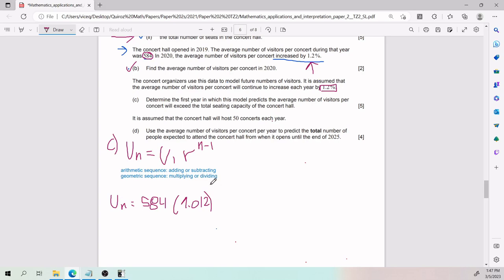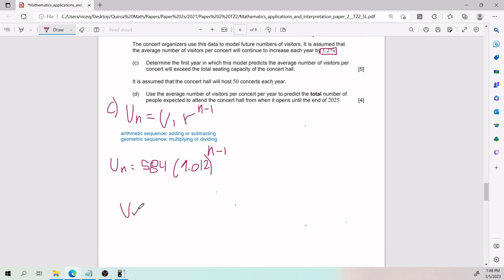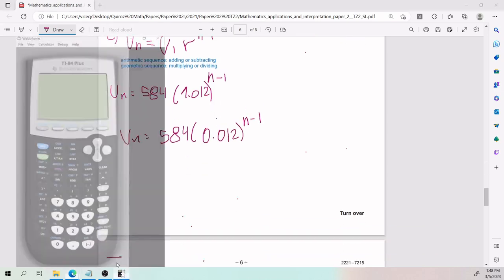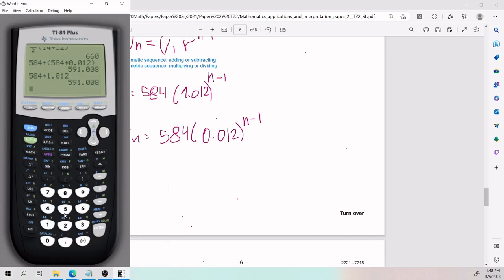Now r, because it is increasing by 1.2%, we actually have to write it as 1.012. A very common mistake that people make here is that they write it as 584 times 0.012. All right. Why is that a mistake? Because if you take 584 and multiply it by 0.012, you end up with a dang small number. And so what that is actually doing is decreasing 584 by 98.8%.